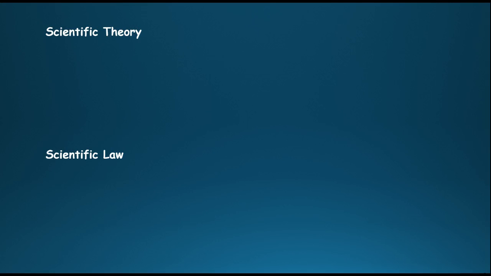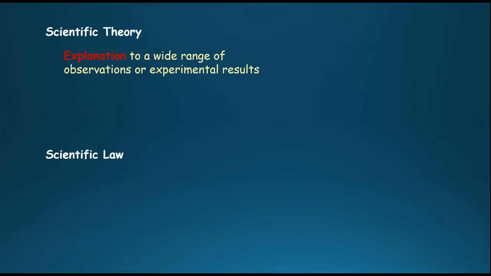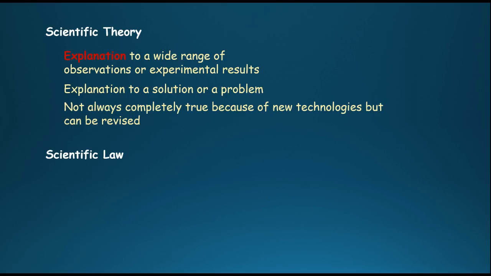So if we repeat an experiment over and over again, that can lead to a scientific theory, which is an explanation to a wide range of observations or experimental results. Scientific theories explain a solution. It's the explanation to a solution or a problem. It's not always completely true because we have new technologies that arise, which then we have to revise the scientific theory.